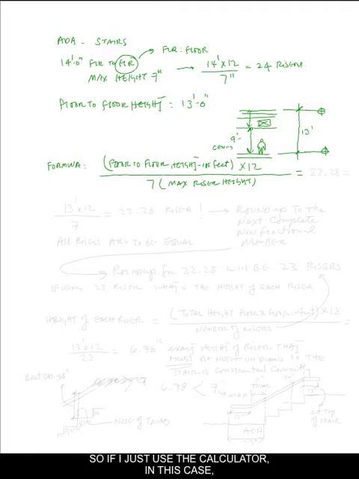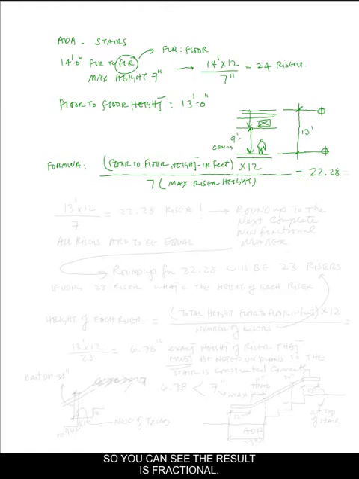So if I just use the calculator, in this case I have 13 multiplied by 12 divided by 7. That gives me 22.28.